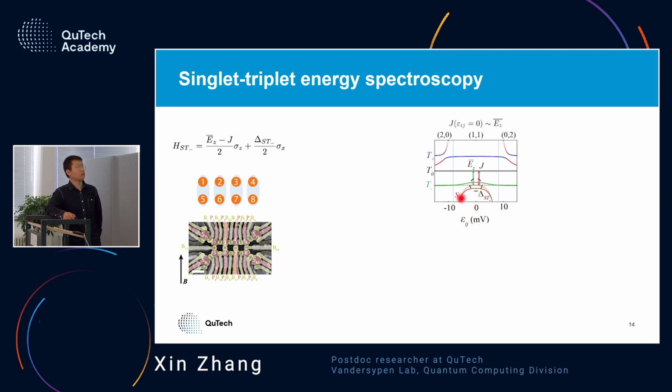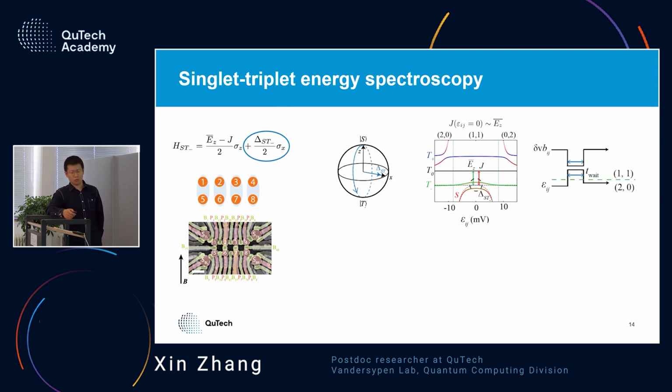Here the Z term in the Hamiltonian of the S-T minus states is zero, and then the X term from the spin-orbit coupling can drive the qubit rotating between S and T minus. This is an X rotation actually.